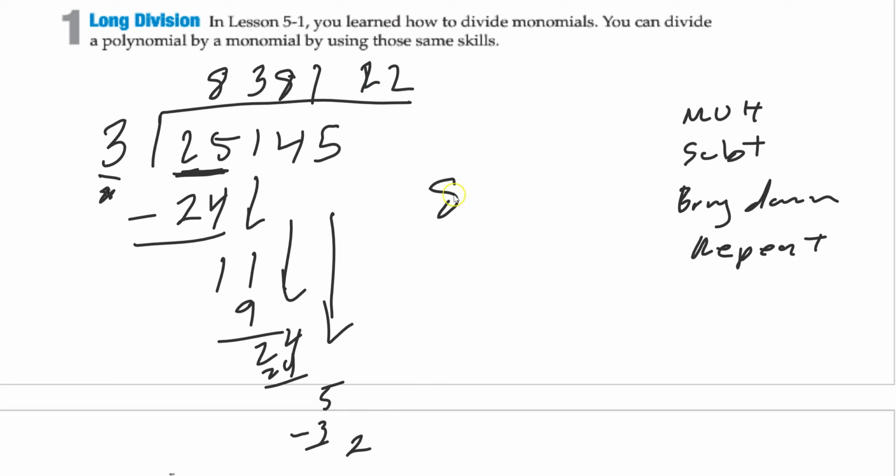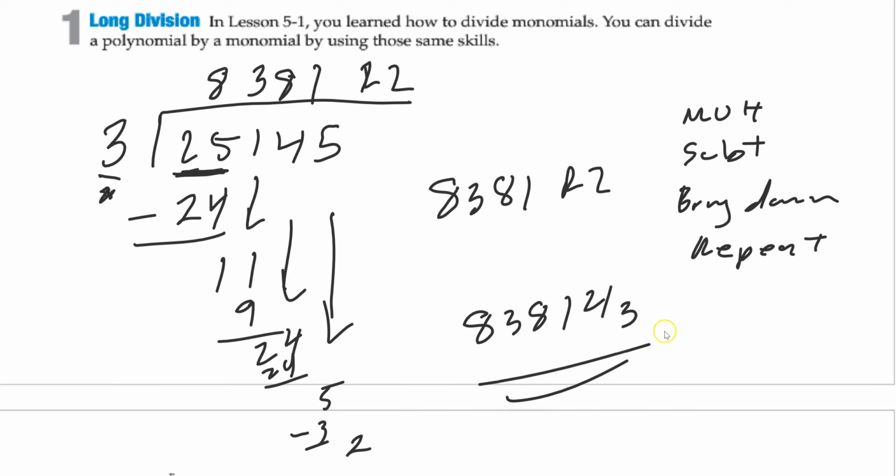So my answer is 8,381 remainder 2. That's one way to write this. By the way, another way to write the remainder, a more mathematical way, is 8,381 and then your remainder over what you divided by, 2/3. So those are equivalent. Either way is fine.